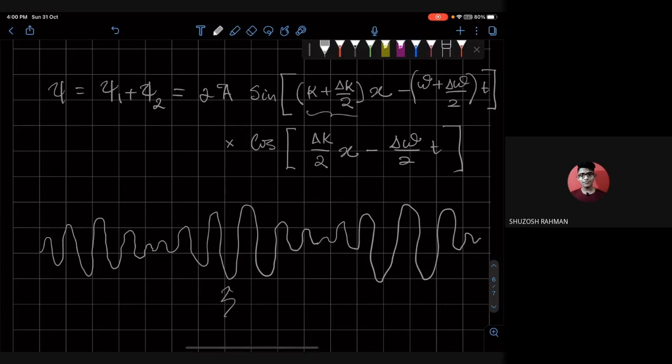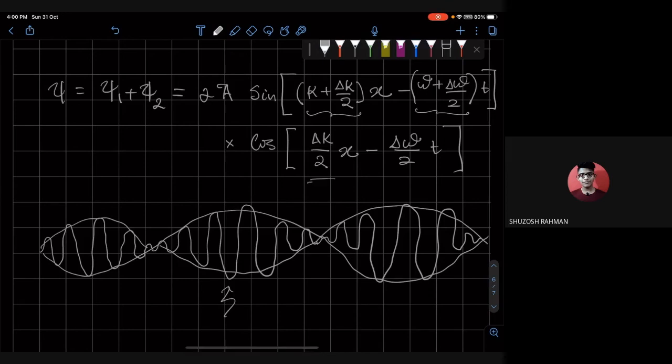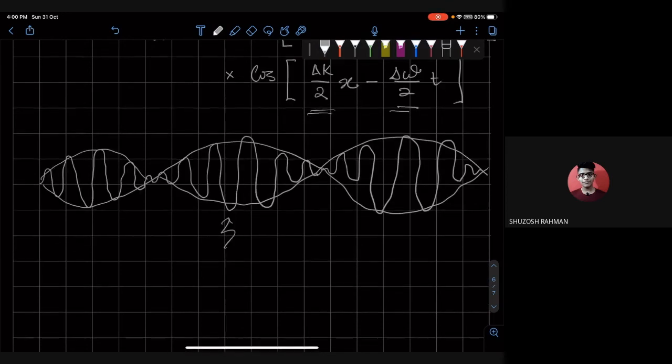So it's given by these guys. But the envelope also has a frequency and a wavelength. And those are given by these guys.